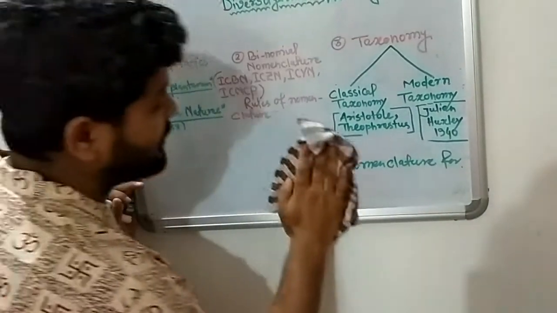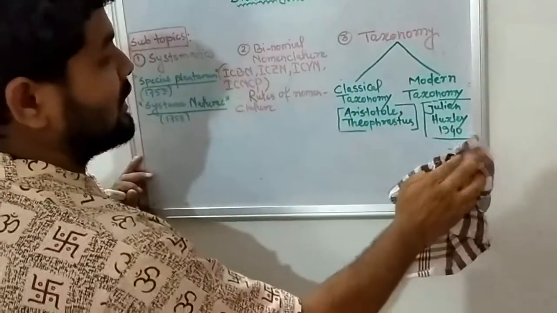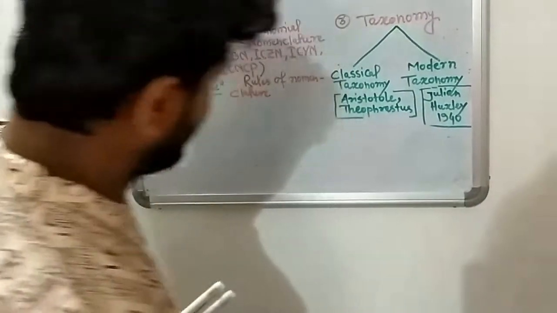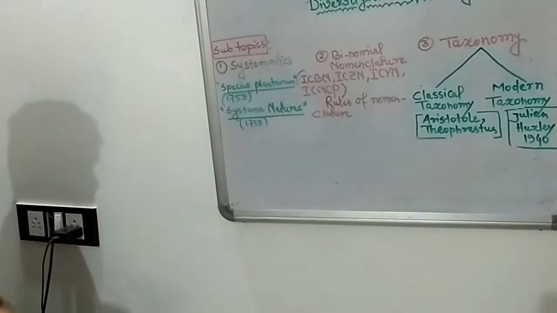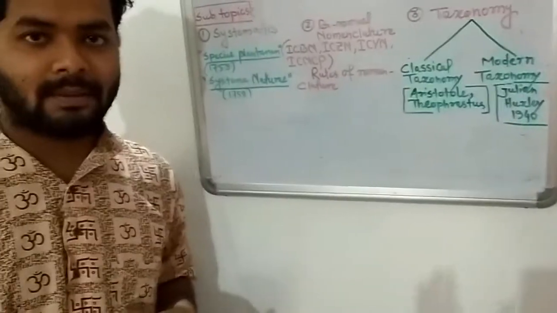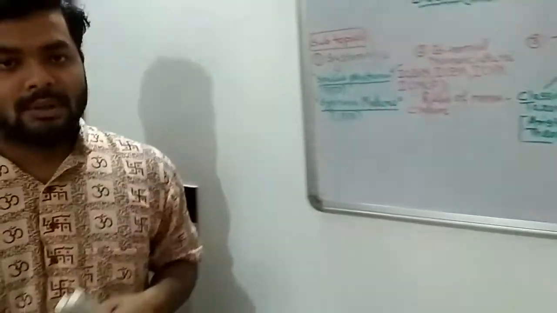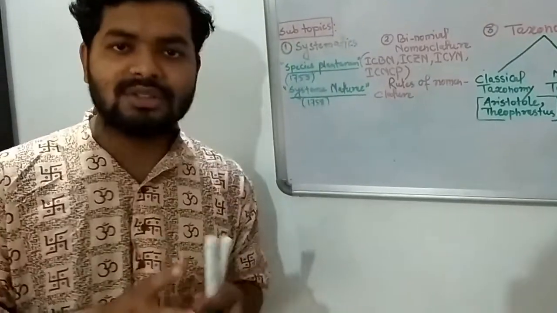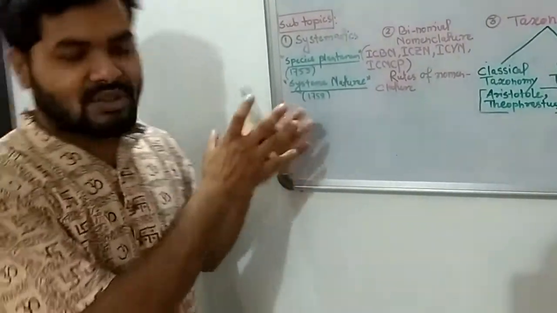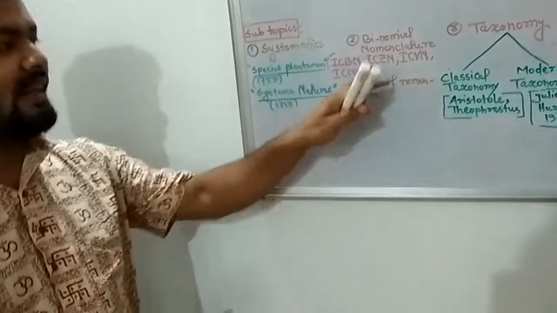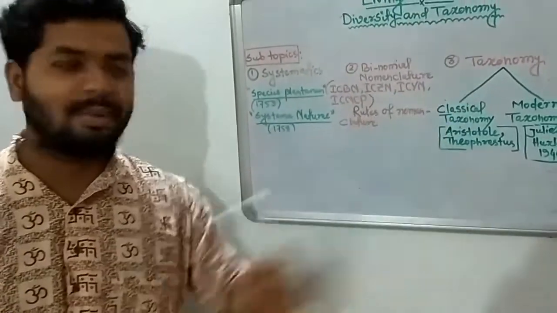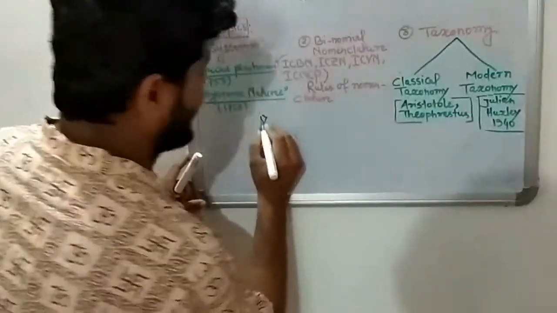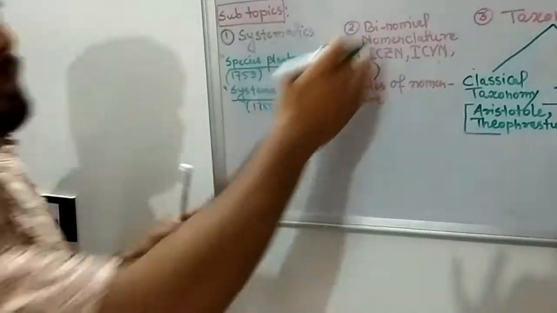Which were made by these codes or the international communities for binomial nomenclature. First of all, as you know, to give a scientific name, we must follow some rules coined by international communities like ICBN, ICZN, ICNCP. The first rule concerns the scientific name within binomial nomenclature.